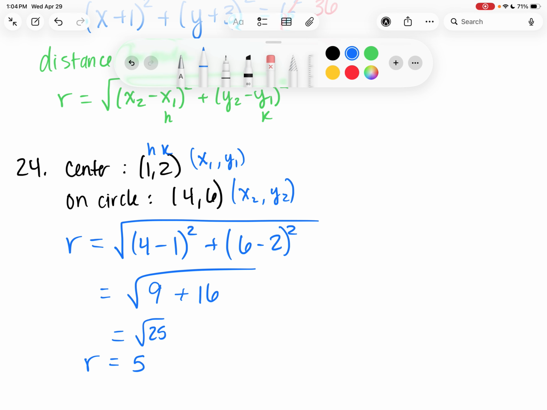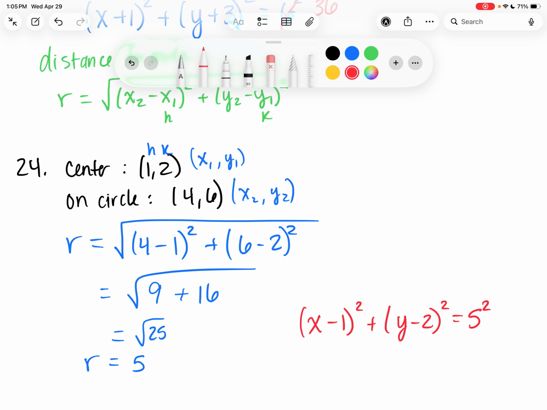I'm not done though. I now have to take that and write my equation. So how would I set up my equation of my circle since I now have the center and I have my radius? (x minus 1) squared plus (y minus 2) squared is equal to 5 squared. Yep.